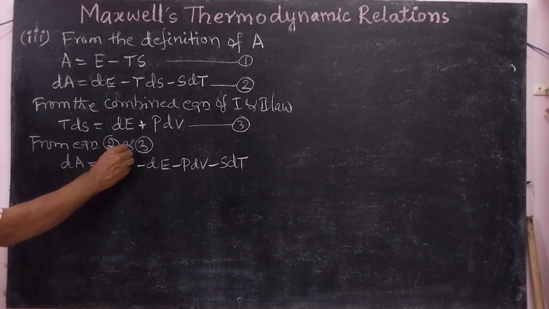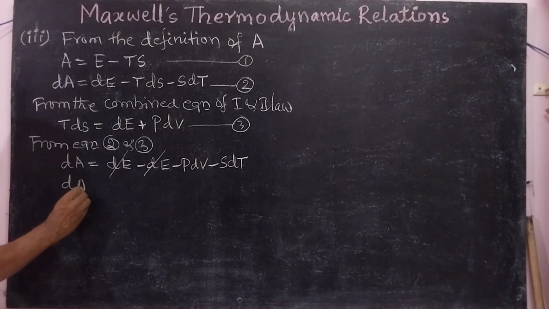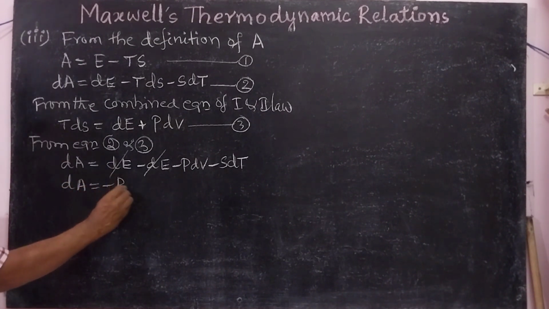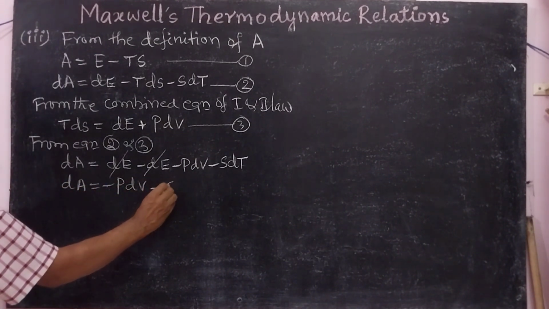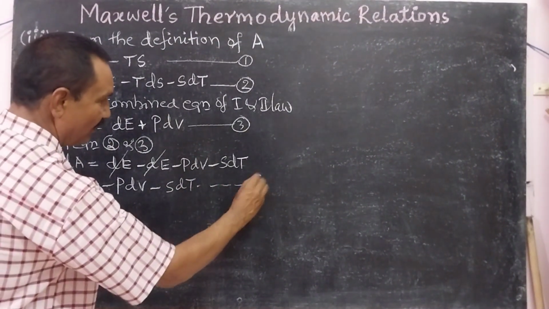Now this dE and dE get cancelled. We get dA is equal to minus P dV minus S dT. Suppose this is equation 4.